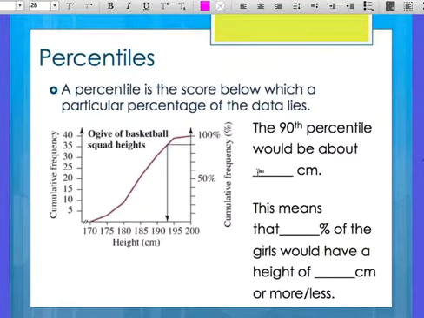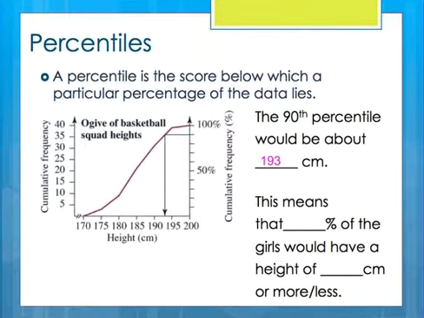If you said 194, that would be fine as well. So I'm just going to type in 193 is how many centimeters I think it would be. Okay, so what that means is that 90% of our girls have a height of less than 193 centimeters. So I'm just going to cross out the more than, it's less than.